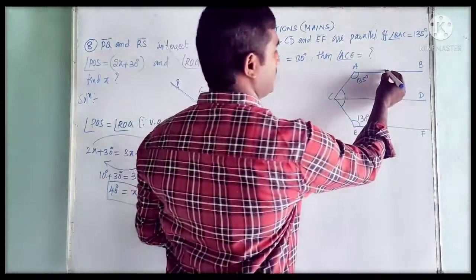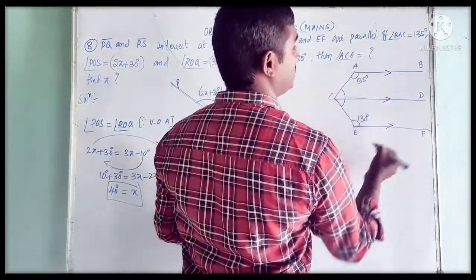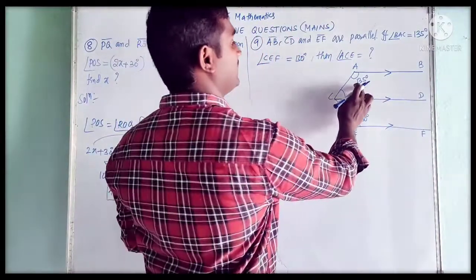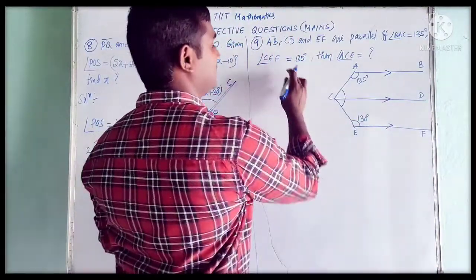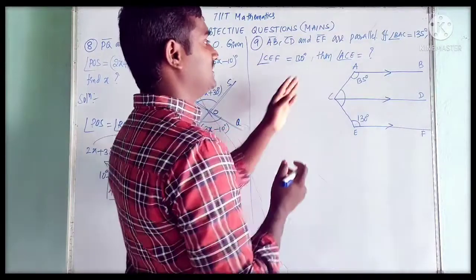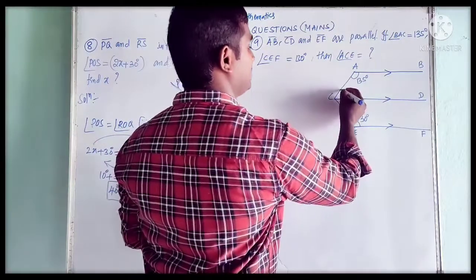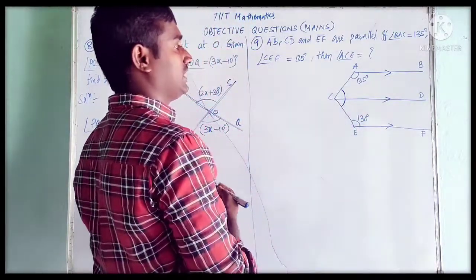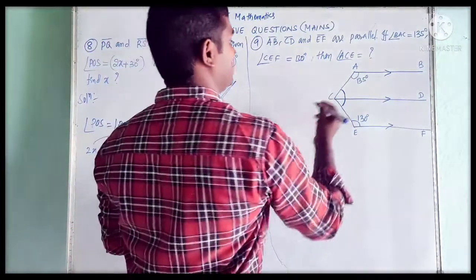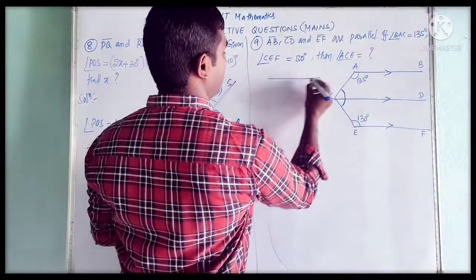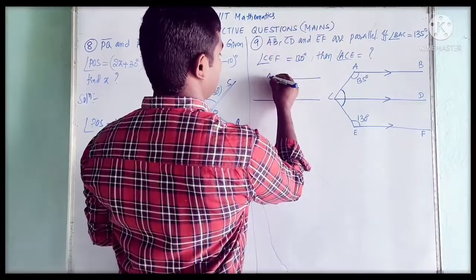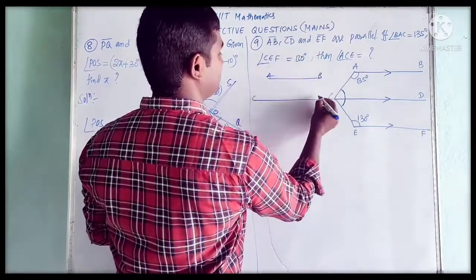Next, the 9th question: AB, CD and EF are parallel lines. If BAC is 135 degrees and CEF equals 130 degrees, then find angle ACE. We need to find this total angle. From the figure, AB is parallel to CD, which is given.